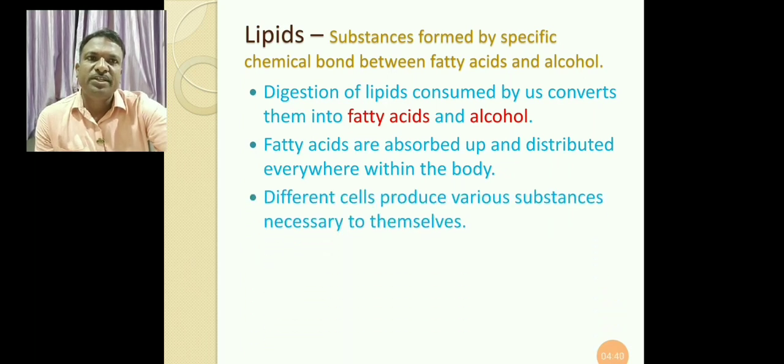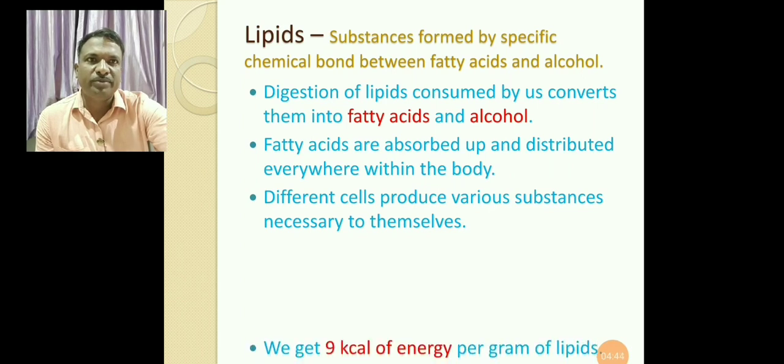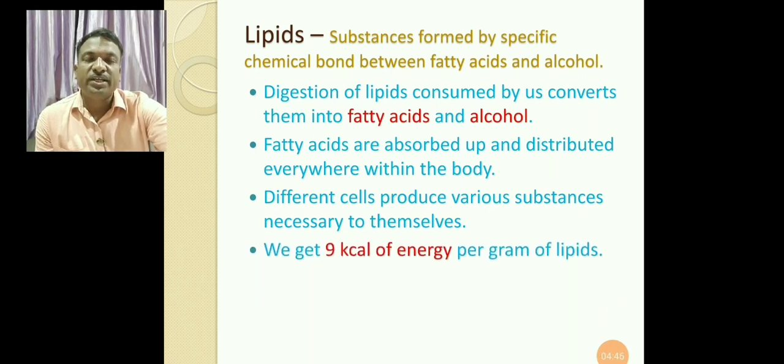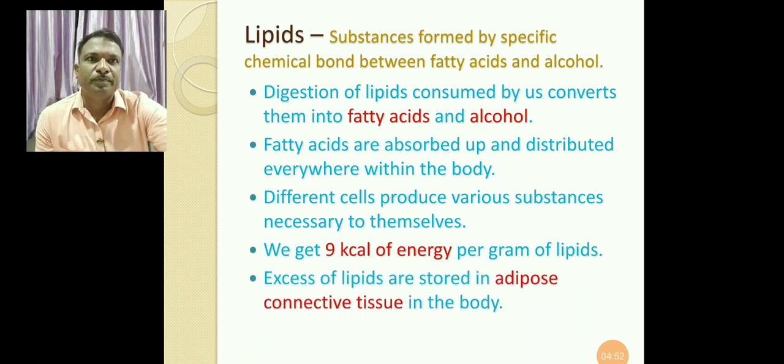The different cells produce various substances which are necessary to themselves. We can get up to 9 kilocalorie of energy per gram of lipids. When excess lipid is formed, it is stored in adipose connective tissues in our body.